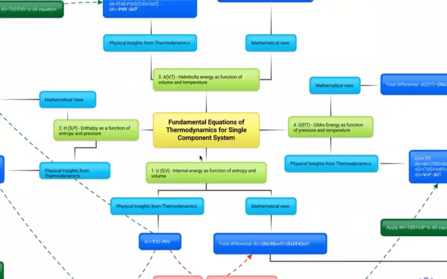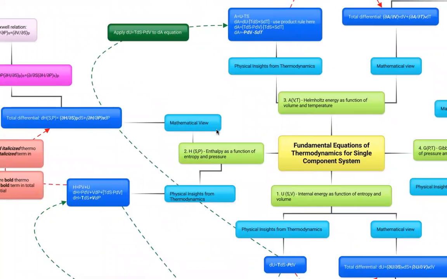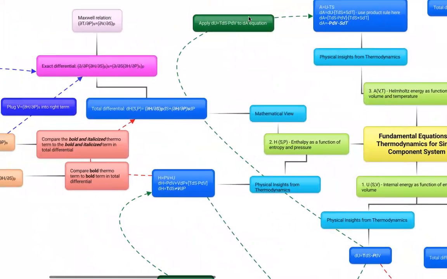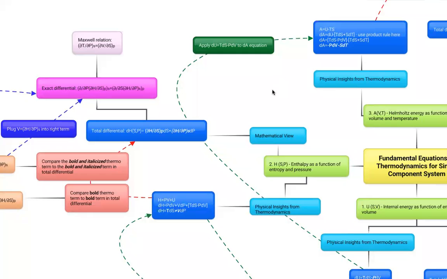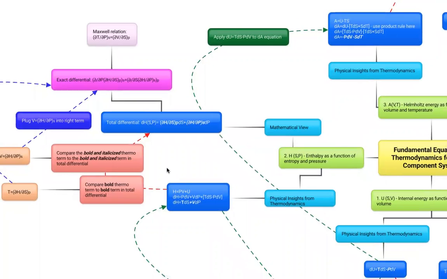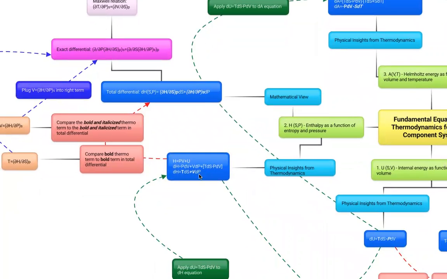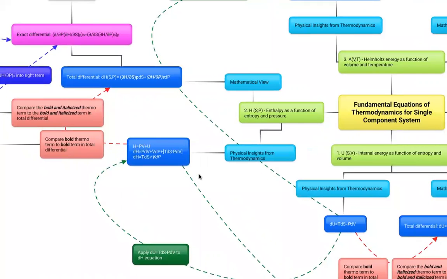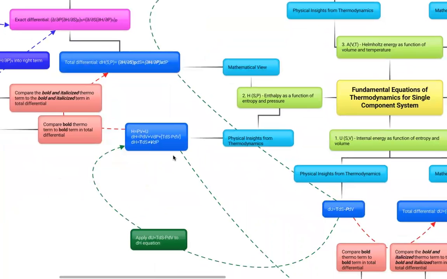Then if I go to enthalpy, I split it up the same way, with a mathematical view and the physical insights. When split into those two perspectives, you get the total differential again and the thermodynamic equations for enthalpy. We know that enthalpy is defined as PV plus U. So dH will equal PdV plus VdP using the product rule, plus TdS minus PdV.